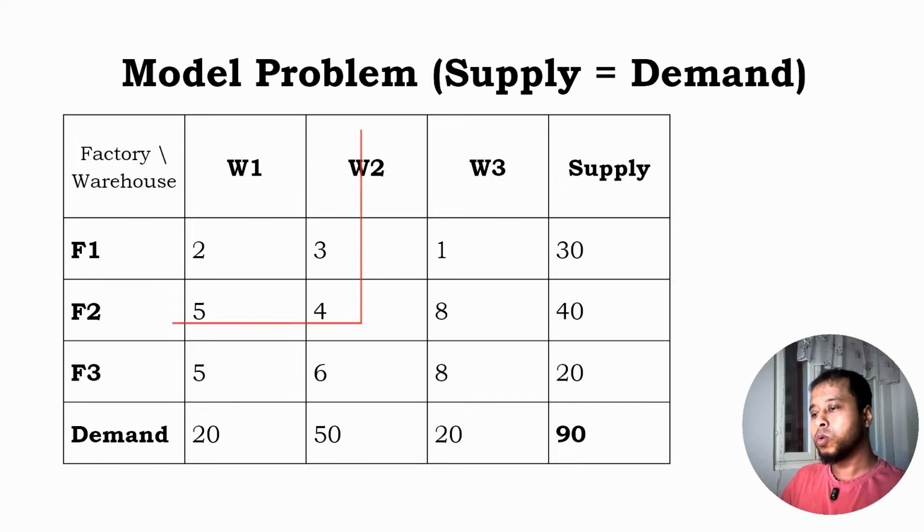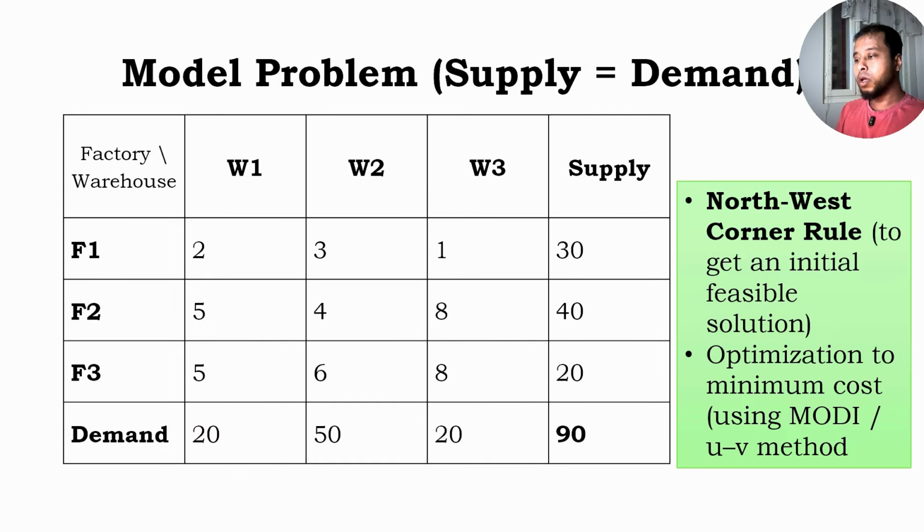For factory 2 to warehouse 2, the transportation cost is 4. In the supply column, we can see each factory's capability of providing supplies. And in the W1 column, we can see the W1 warehouse demand. So we will use the northwest corner rule to get an initial feasible solution and then optimize to minimum cost.